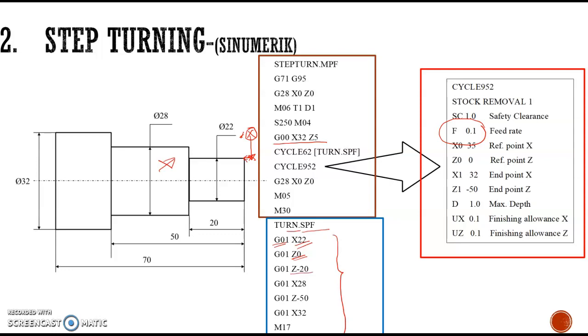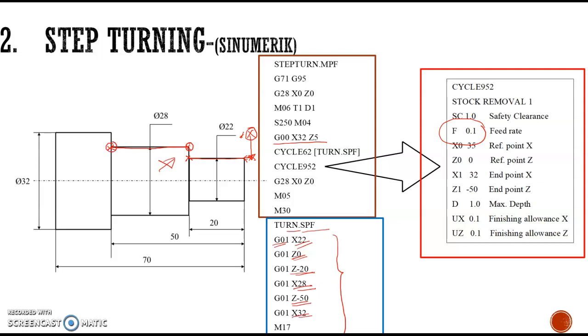Then it has to be moved to Z minus 20, so the tool will move further to this point. Then X28. So this is the point X28, Z minus 20. Then the tool has to be moved to Z minus 50, so the tool moves exactly along the surface of the workpiece like this.